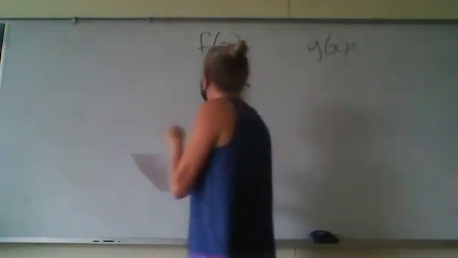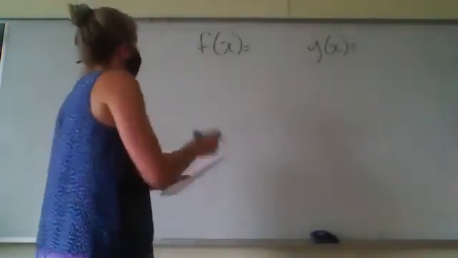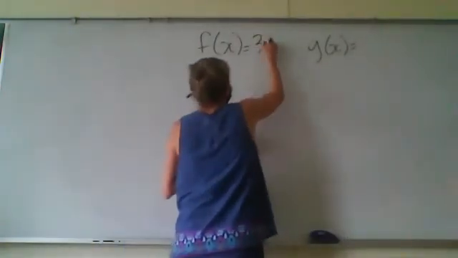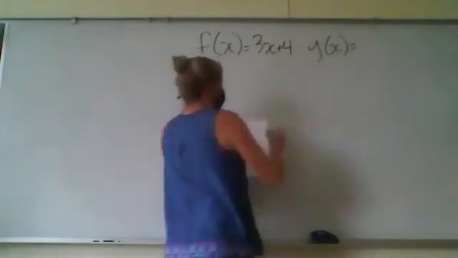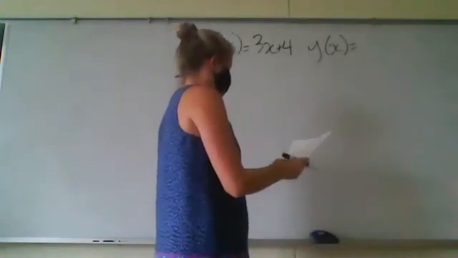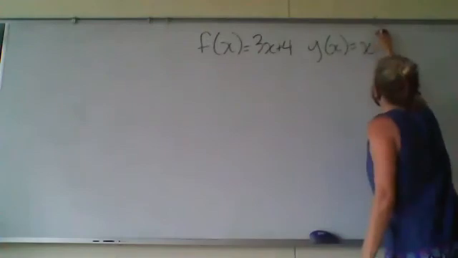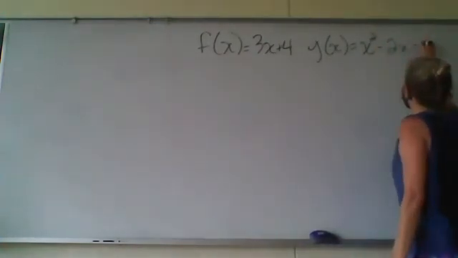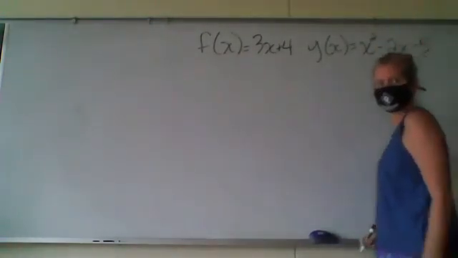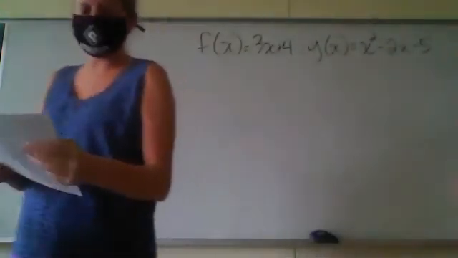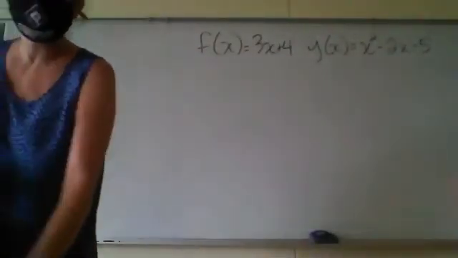Number 2, my f function is 3x plus 4. My g function is x squared minus 2x minus 5. And this time it wants me to find g of f of 7.